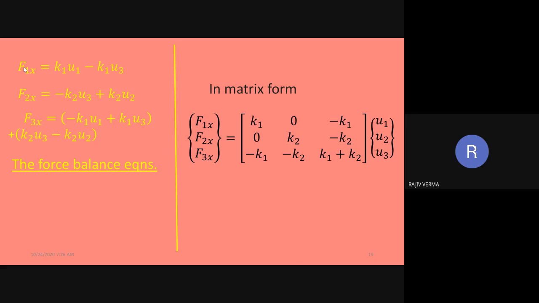This is the common approach of FEM. There, in fact, happens to be another approach also, in which we know the value of displacement for which we are going to calculate the value of forces. But that particular approach we are not going to really do in this particular session.